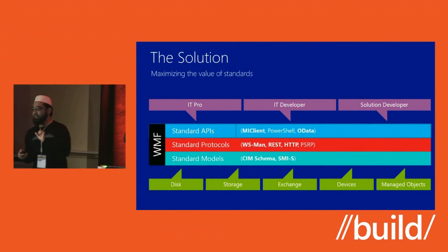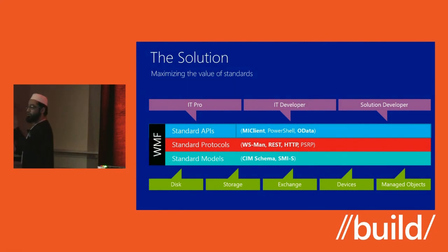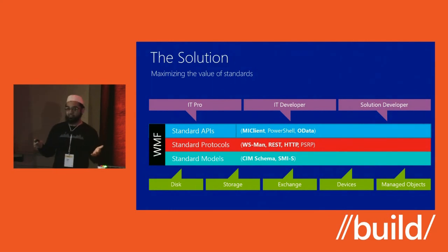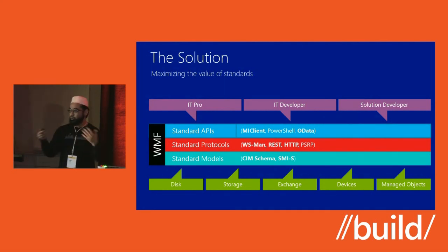And the word standard is important here, because Microsoft, or we in server, don't want to introduce new concepts or new protocols. We are going with what is already a standard for the community. At the bottom, for defining your model or your schemas, we are using the CIM standard and the SMI-S standard. Both are very well established and understood. And at the middle layer, we have protocols.